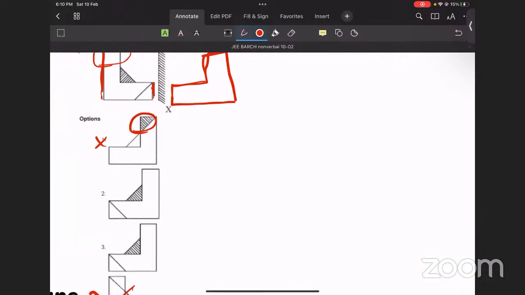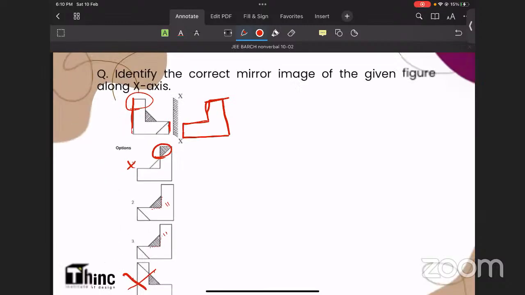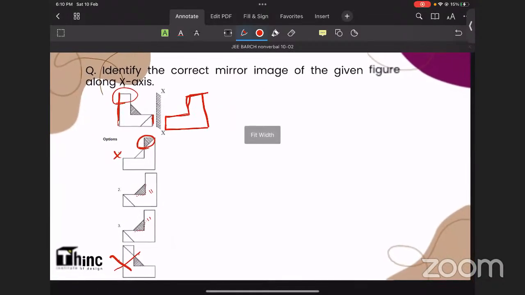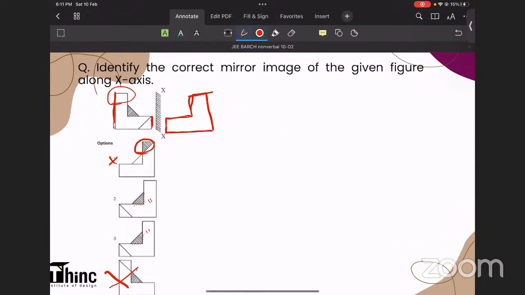Now we need to focus on the lines provided. 1, 2, 3, 4, 5, 6, 7, 8, 9, 10, 11. Both are having 11 lines each. Even the number of lines is the same, so it is definitely a close call between the options.